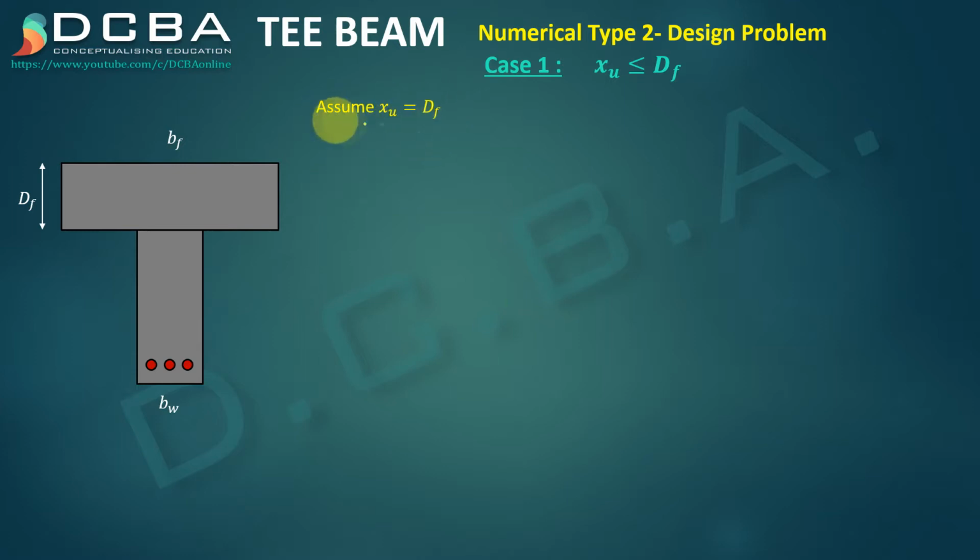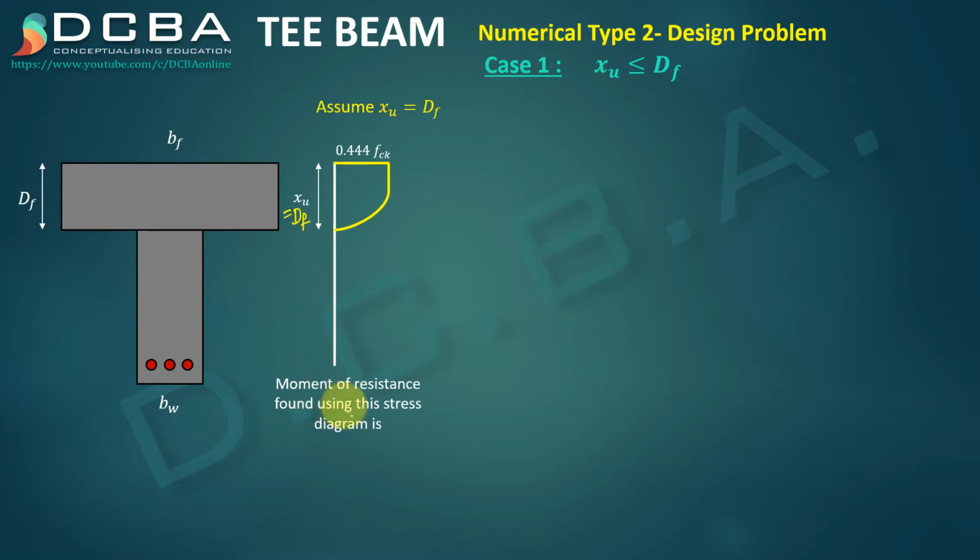So assuming this case, we will find the moment of resistance first, that xu is equal to df. And whatever moment of resistance will come using this stress diagram, it will be MUF. MUF is 0.36 fck bf into df, because this is the total depth, into d minus 0.42 df.